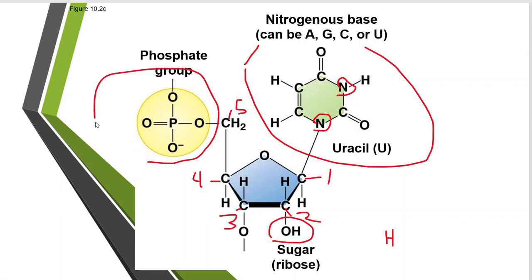And then finally, this is the phosphate group. It's a phosphorus with 4 oxygens. This one's got a double bond, and this one's actually got a negative charge. So that's a nitrogenous base, and there are 3 others for RNA: A, G, and C. And for DNA, it's going to be A, G, C, or T.